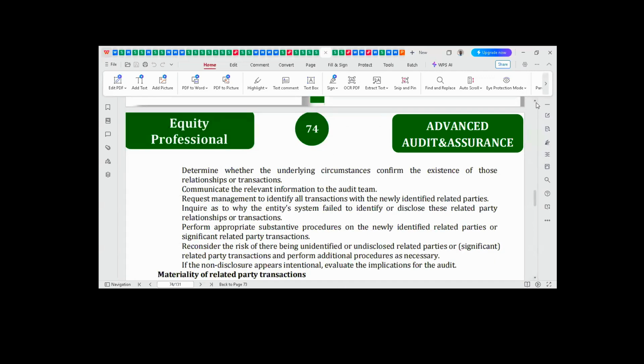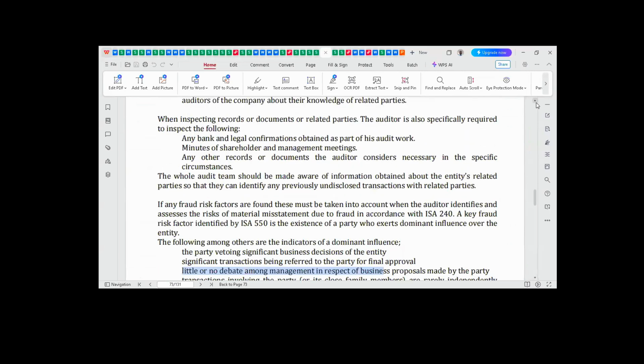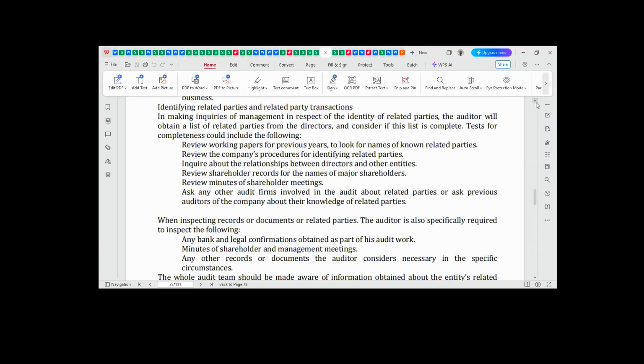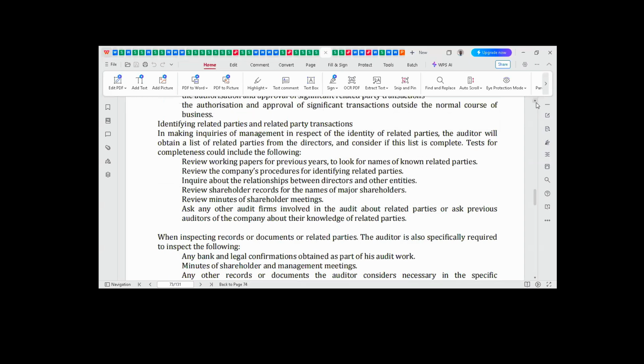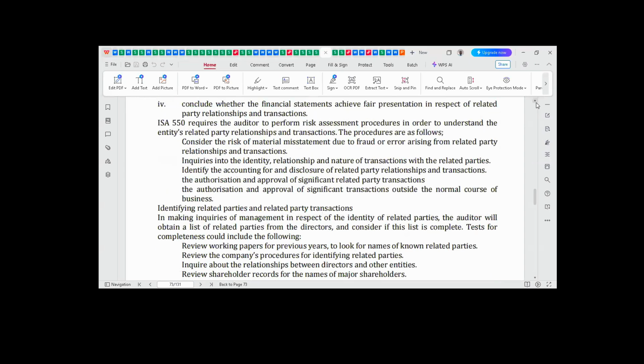So, further to the audit procedure that we looked at earlier, the one we looked at earlier speaks to how the auditor can understand the related party and related party transactions.